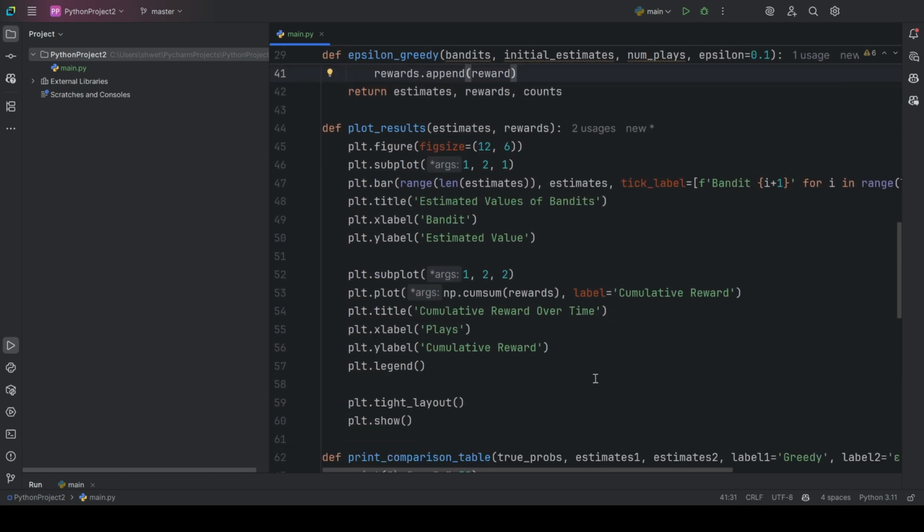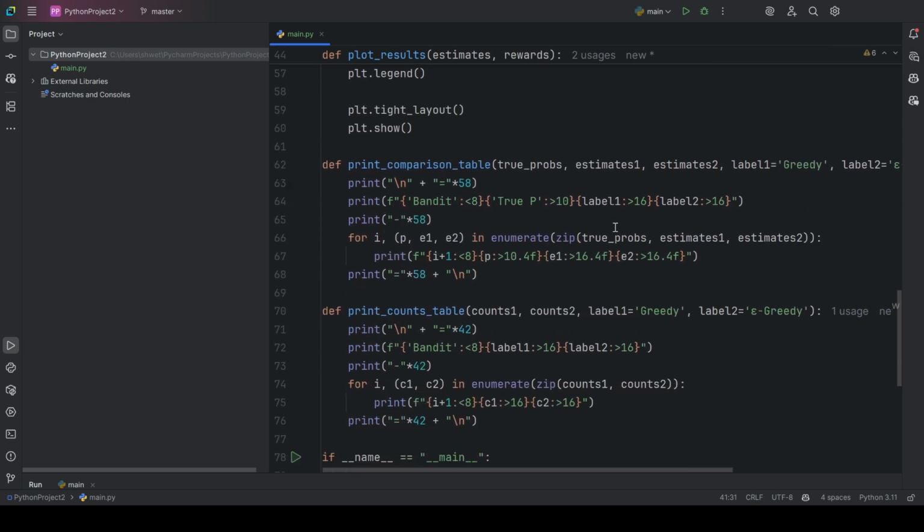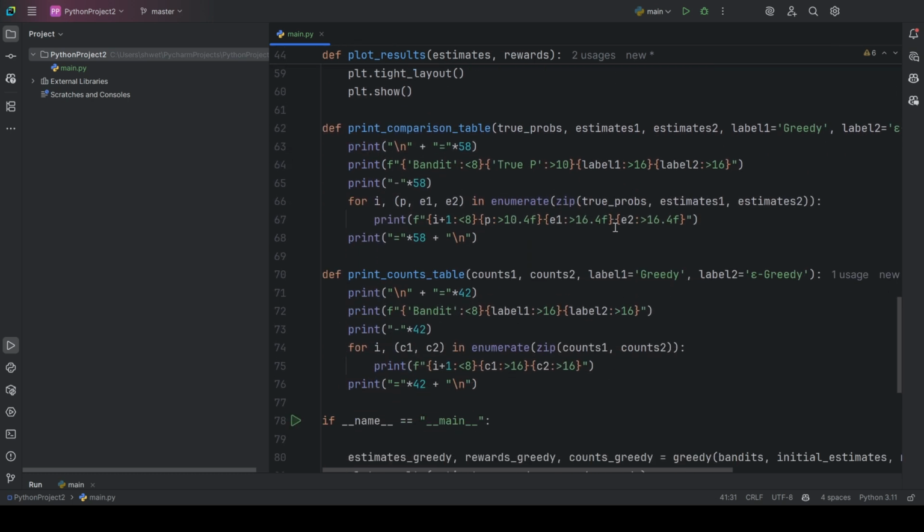Then we plot results. This function takes estimates and rewards that we received over time, and plots a bar graph for estimates and a cumulative reward sum for the rewards. Then we print a comparison table with true probabilities, estimates of greedy and estimates of epsilon-greedy.